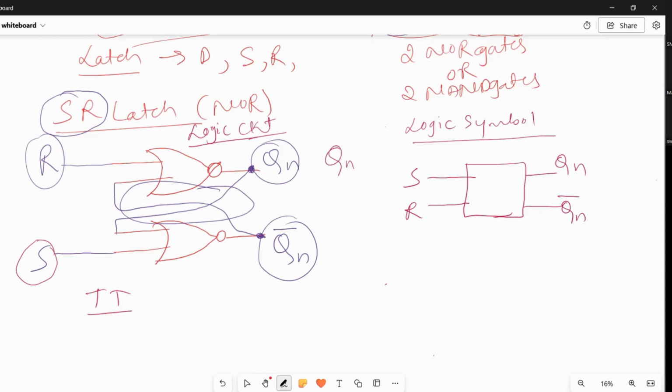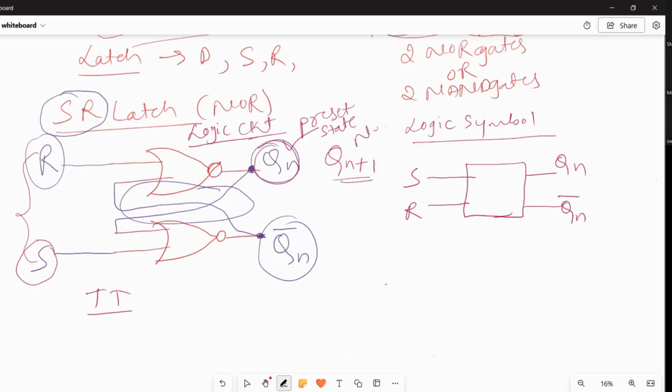R and S are inputs. Qn is our present output, the present state. What about Qn plus 1?